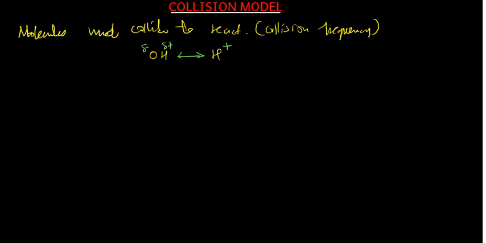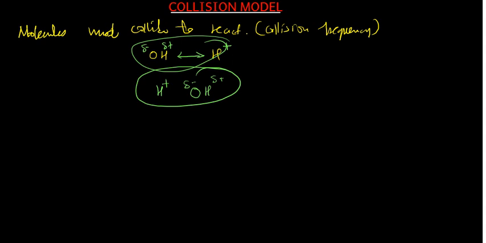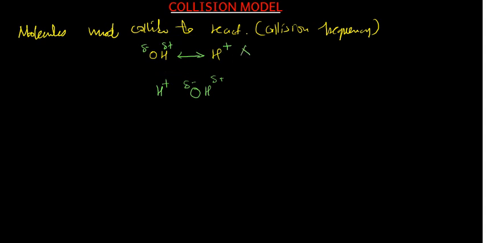That means the negative charge should collide with a positive charge. Unless the hydrogen ion collides in this direction with the hydroxide, where this is partial positive and that is partial negative, a chemical reaction will not happen. So for the first one, the orientation is wrong, though collisions can happen. For this one, the orientation is correct.